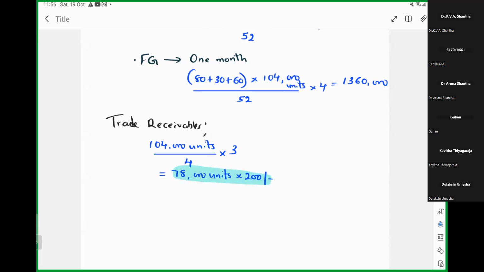The credit period given to customers is 2 months, so this is divided by 52 weeks. 2 months means 8 weeks. Then you have the customer balance, trade receivables, 2,400,000.